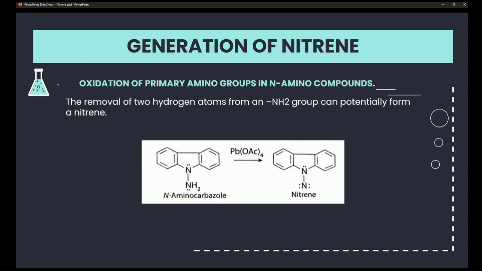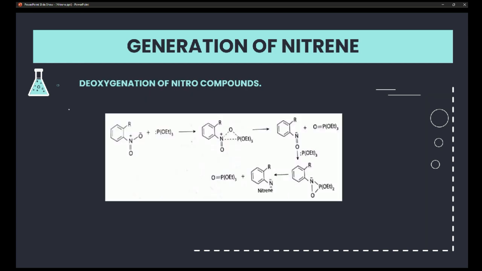Oxidation of primary amino groups in amino compounds: removal of two hydrogen atoms from an NH2 group can potentially form a nitrene. Deoxygenation of nitro compounds: by deoxygenation we also get the nitrene.